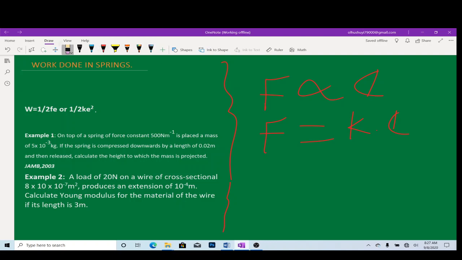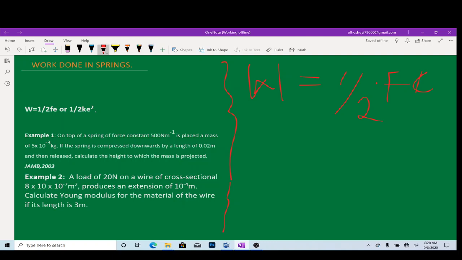Now, here we are going to be talking about the work that is done in an elastic material. When work is done, there are two formulas we can use. Majorly, we can consider the work done to be equal to half of Fe, that is, half of the product of the force and the extension.